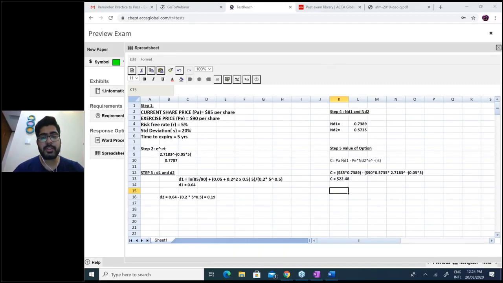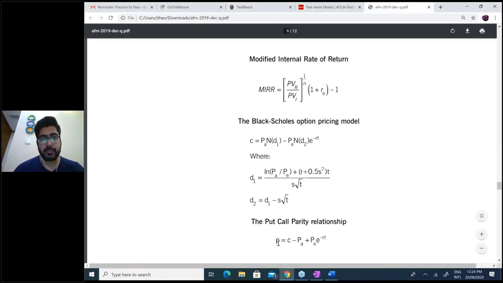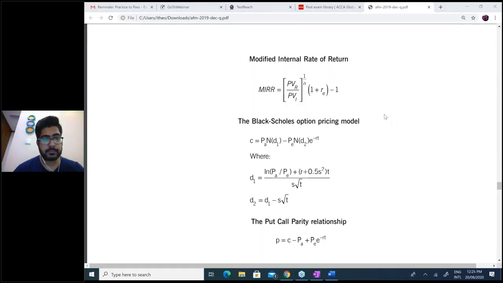Frederick, the formula sheet doesn't have only the formula of call option. You can see I've just opened the screen. It has the put option value formula as well. Yes, Goliath, it's premium. Prita, it's options to buy or sell shares.